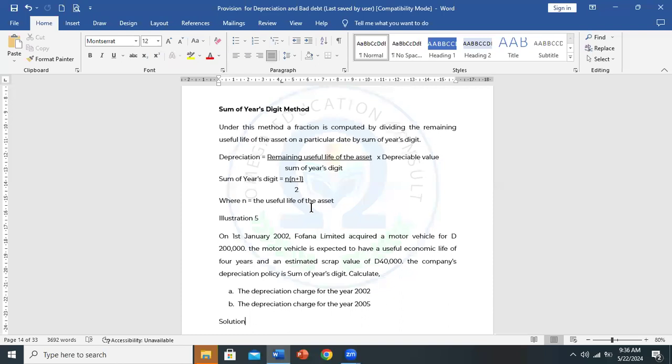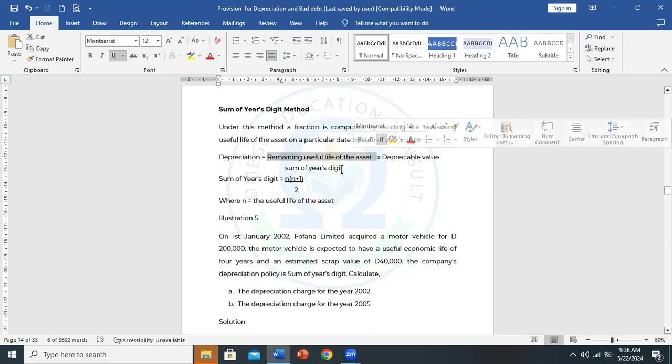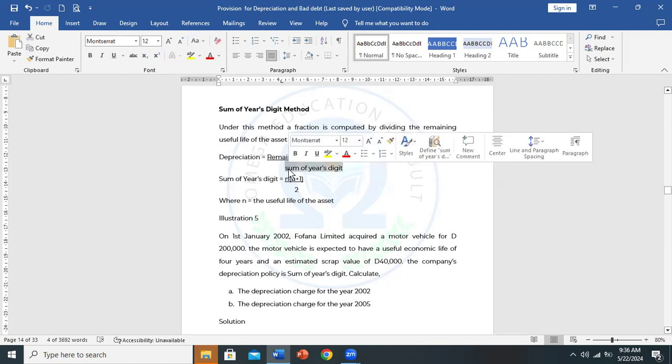Under the sum of years digit, you need the remaining useful life of the asset, and then you need the sum of years digit. All these two variables can be determined focusing on the useful life of the asset.